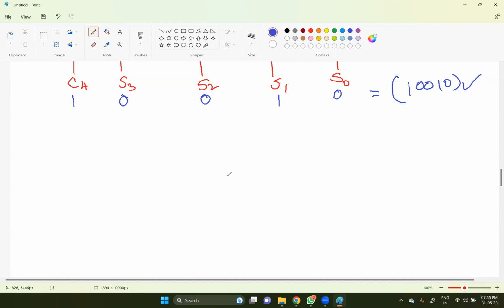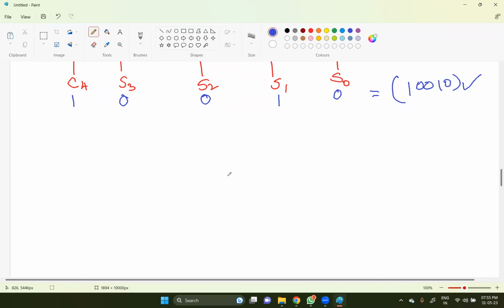Let me take one or two numerical examples. Then I'd like to explain how exactly the 4-bit adder subtractor is going to be constructed.